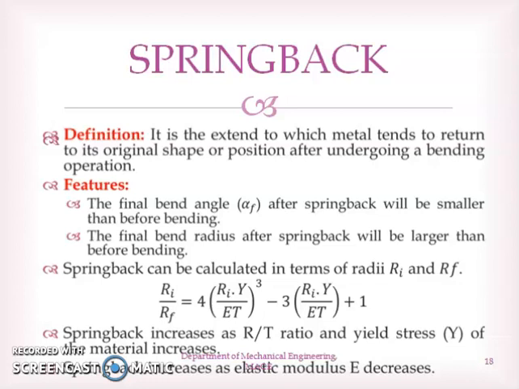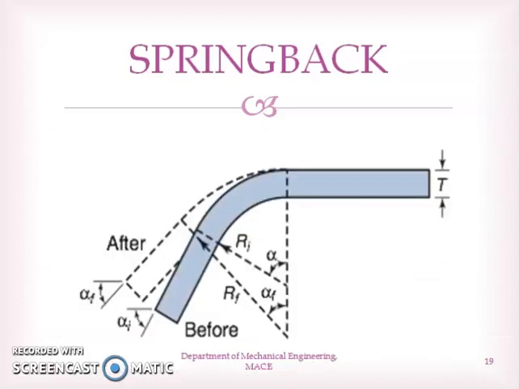The next important concept in bending operations is the spring back effect. We can explain it with the help of this figure. When you apply a bending force, the metal sheet will be bent to this angle, and when you remove the bending force, it will go back to this position.